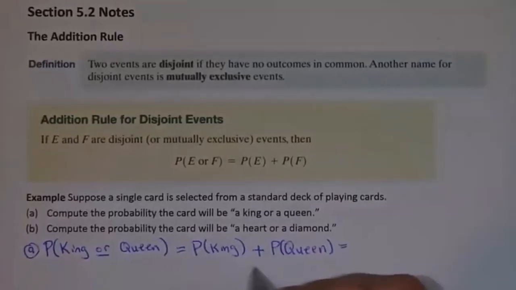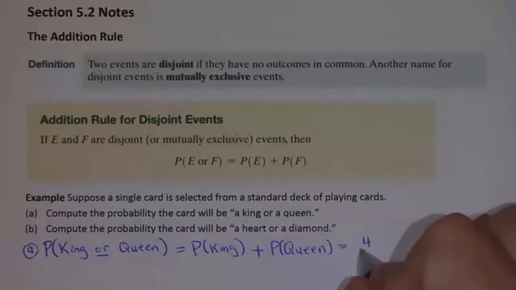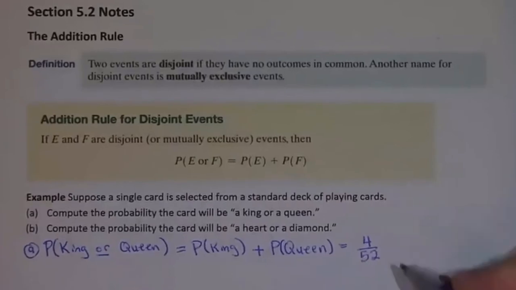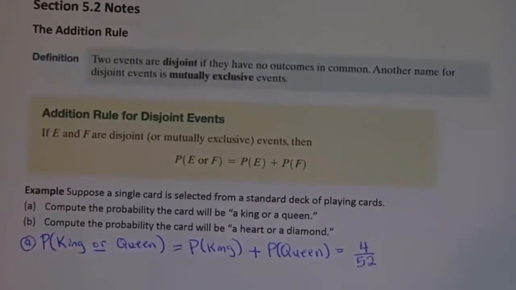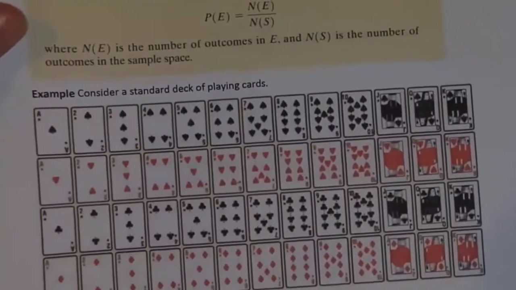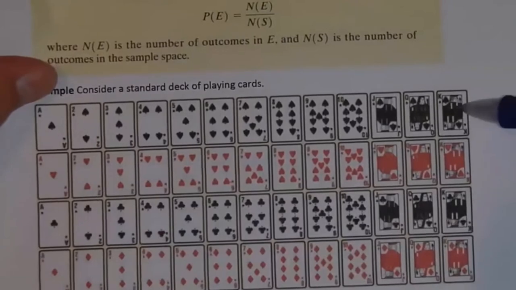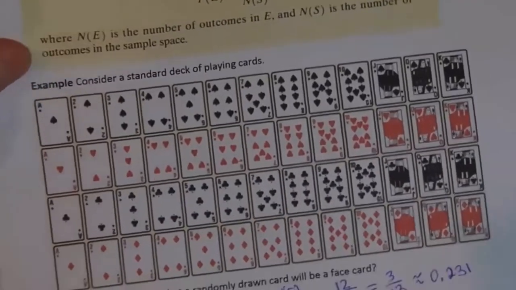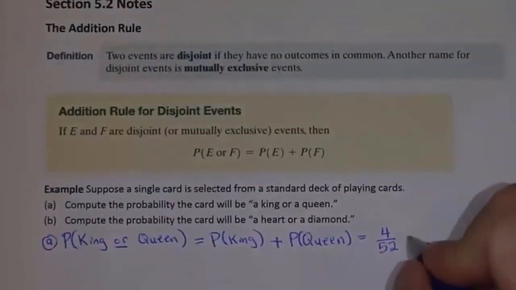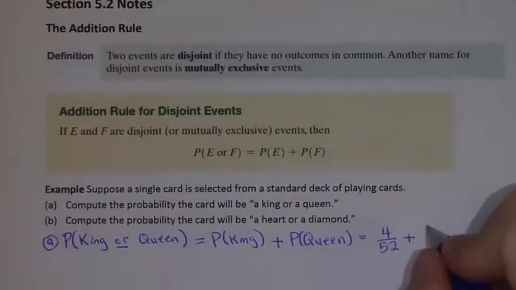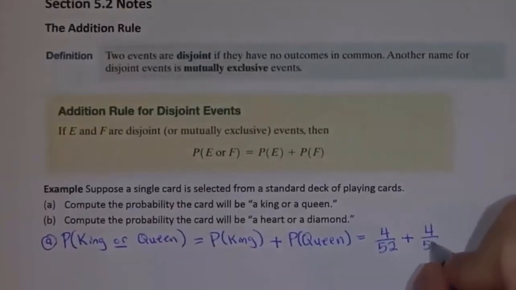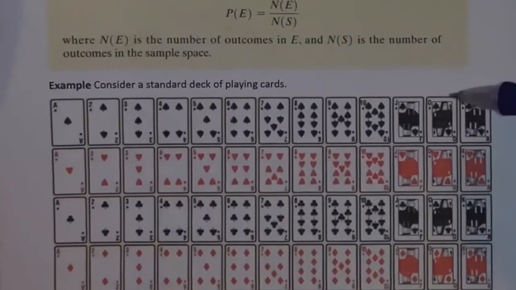The probability of drawing a king is 4 out of 52, because there are 4 kings in a deck of 52 cards. If you're not familiar with playing cards, these are the 52 cards and 4 of those are kings. Plus, the probability of drawing a queen is also 4 out of 52. Again, we have the 52 cards, and here are 4 queens.